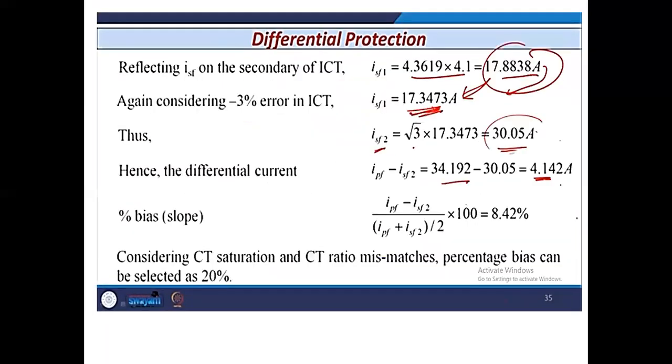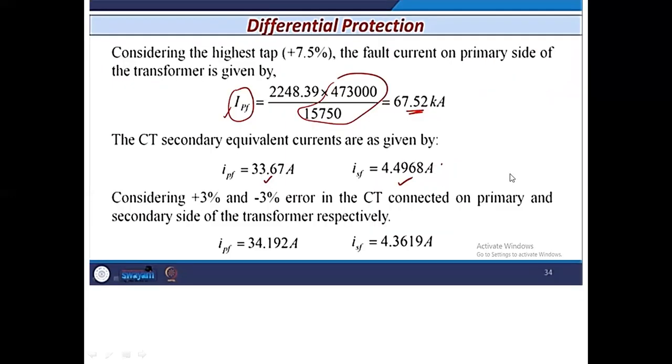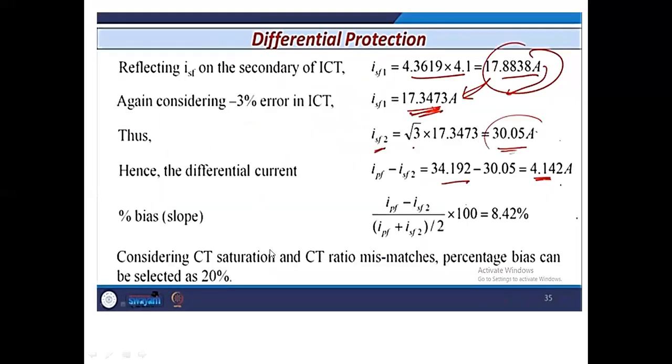Okay, 34.192 minus 30.05. So the difference is 4.12, and the percentage bias, if I use this value, comes out to be 8.42%.